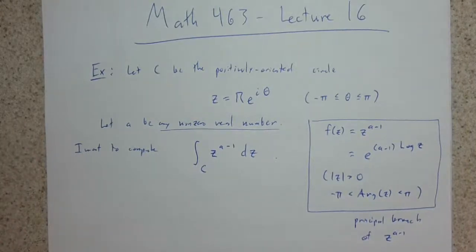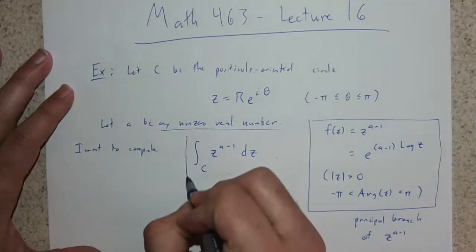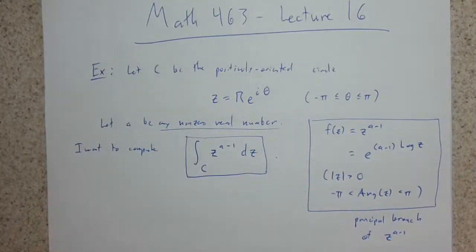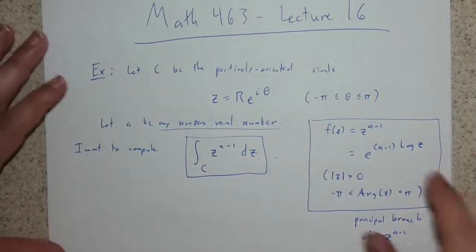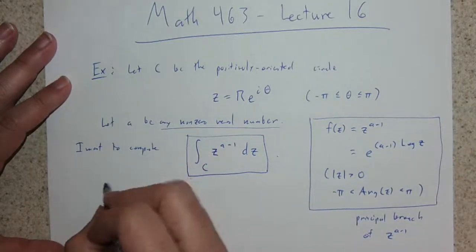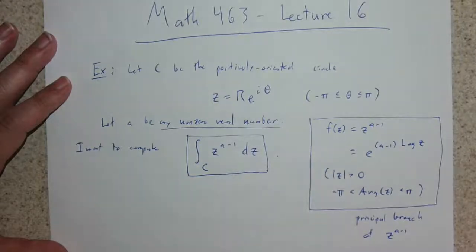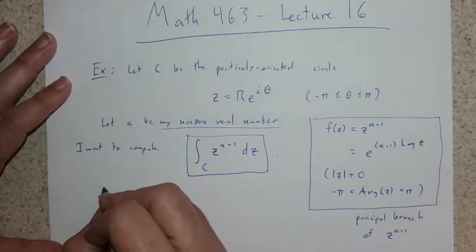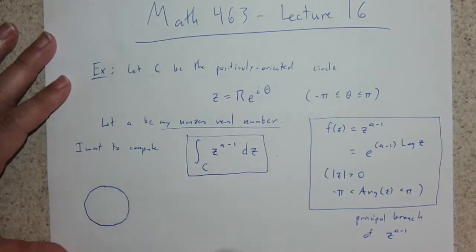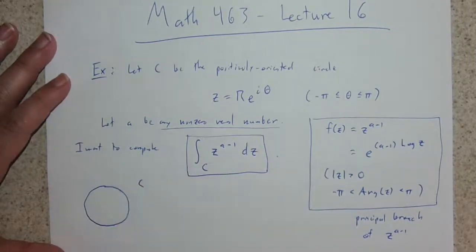Okay, and so I want to compute this contour integral. Now, what is the problem with just going ahead with this? Well, if I draw in my circle, my circle of radius r centered at the origin looks like this. Here's what my circle C looks like.